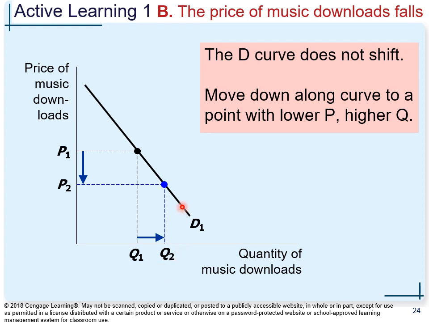Okay, and here we have to be careful in the usage of language. Whenever we are moving along the demand curve, we refer to that, for example here, as an increase in the quantity demanded. The term quantity in front of demanded indicates that what we're talking about is a movement along the demand curve.